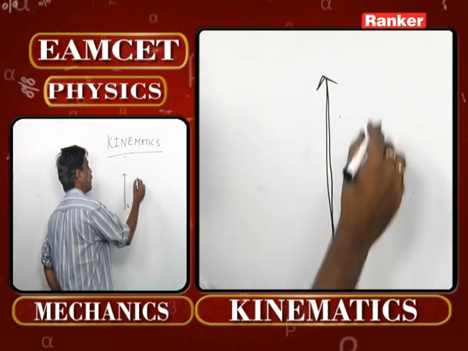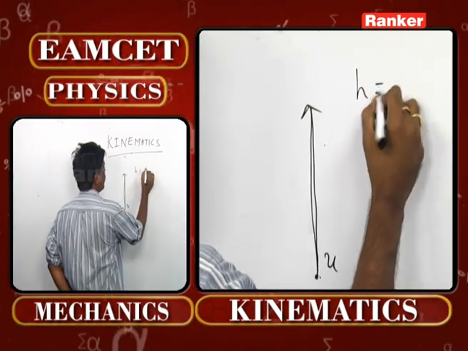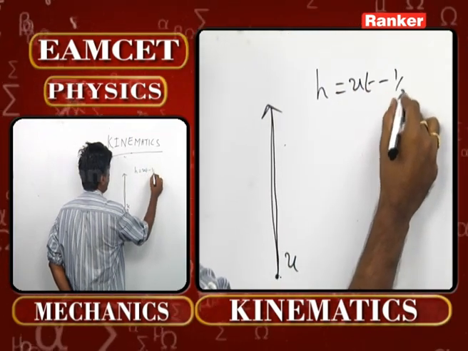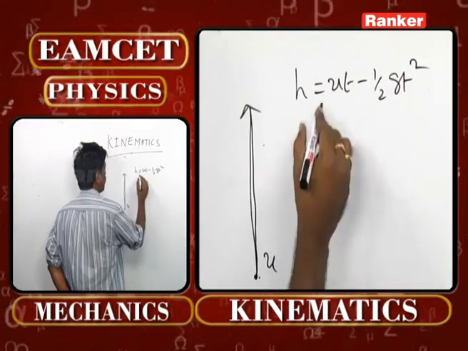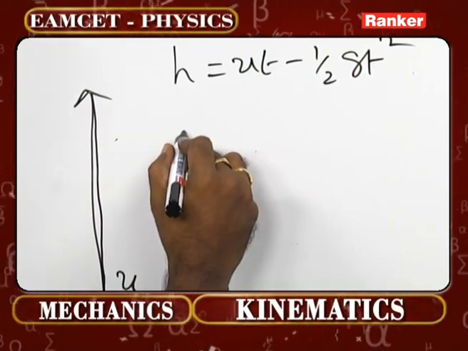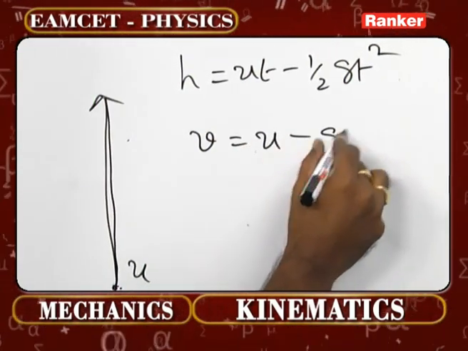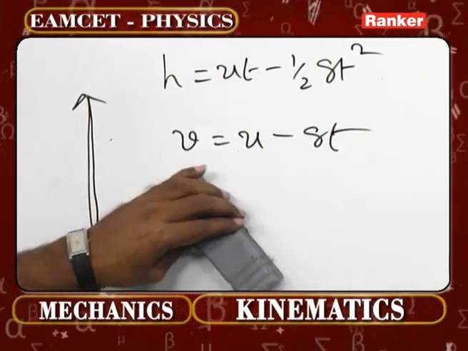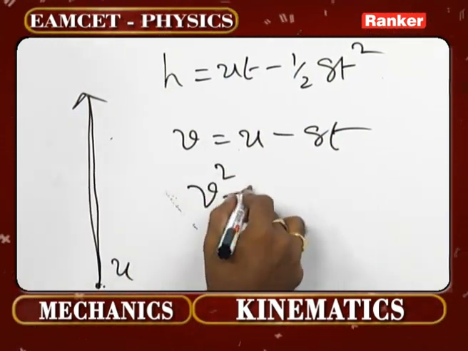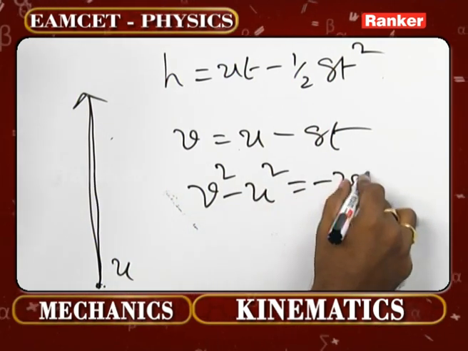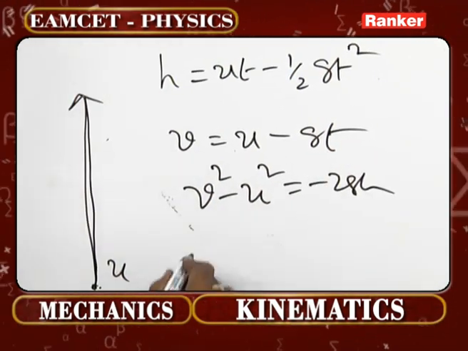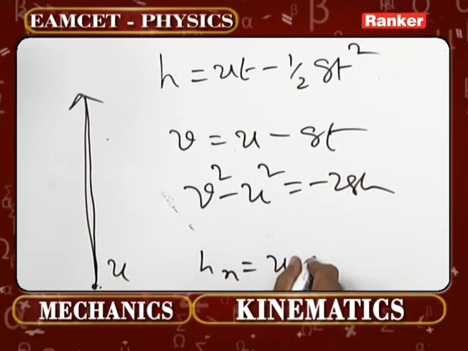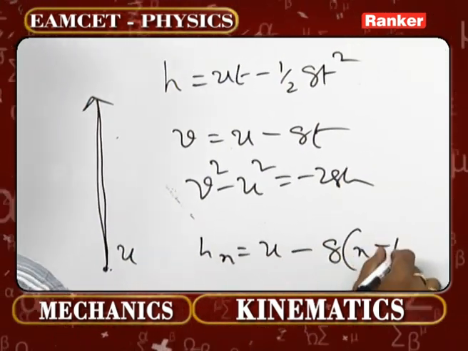So, by applying proper sign conventions, we can write the equations of kinematics as h = ut - (1/2)gt², and v = u - gt, and v² - u² = -2gh, and h_n = u - g(n - 1/2).